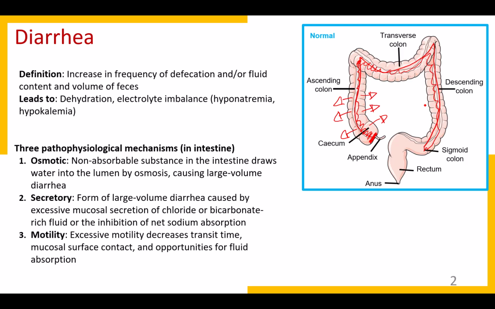Diarrhea is when instead of it taking 10 or more hours, the contents in the large intestine move through it very, very quickly. So there's an increase in the frequency of defecation, pooping, and an increase in the amount of fluid and the volume of the fecal matter that emerges from the anus.